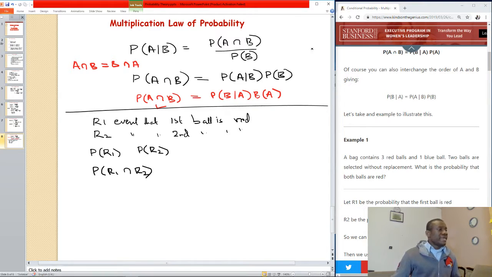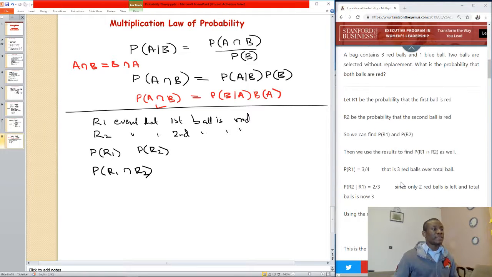So in this case, we can use the principle of conditional probability to rewrite this formula when we already have the probability of R1, the probability of R2, and R1 and R2. So let's proceed. So we now have the probability that R1 is red. Remember that red balls are how many?